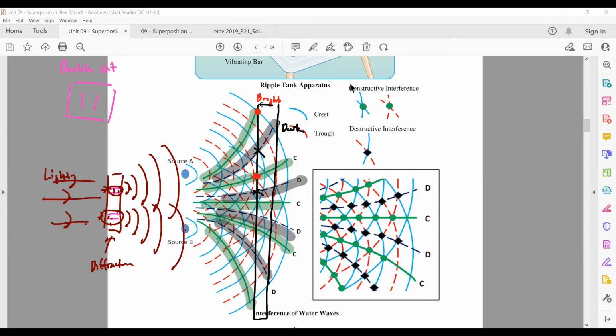Okay, so if you try to expand this across the whole screen, you're going to see something like this. Bright, and then dark, bright, and then dark, followed by bright again. So this is also considered to be your interference pattern, but we call it interference fringes now.